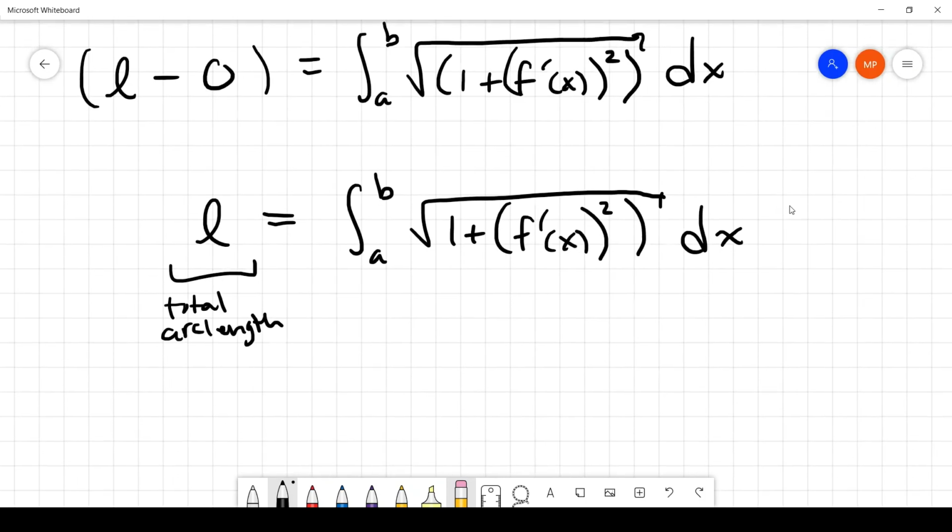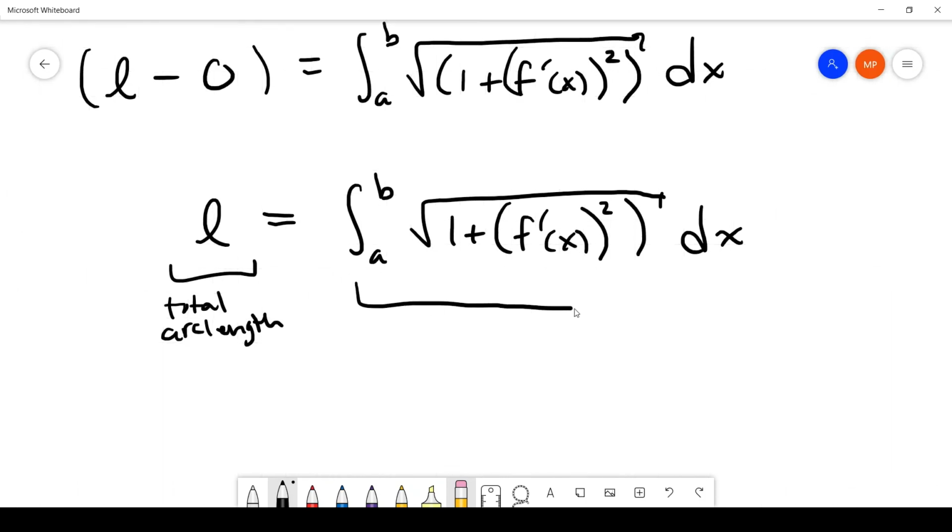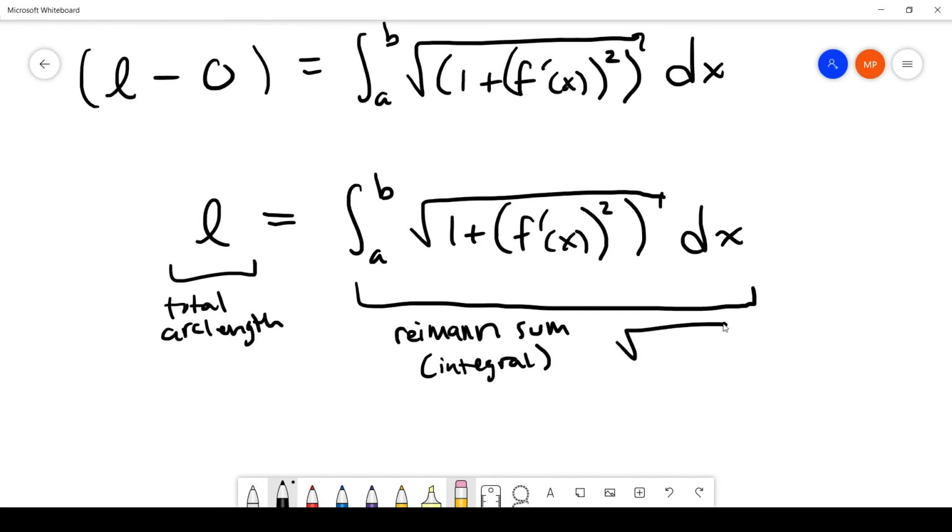So the total arc length is equal to all this term, which is the Riemann sum, which is just the integral, of this function here of 1 plus the slope at x squared, multiplied by dx, your width here.